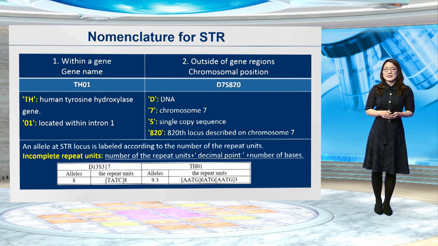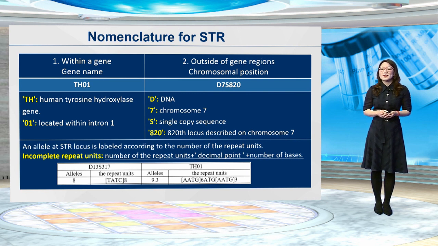The 01 portion of TH01 comes from the fact that the repeat region is located within intron number 1 of the tyrosine hydrolase gene. STR markers that fall outside of a gene region may be designated by their chromosome position.